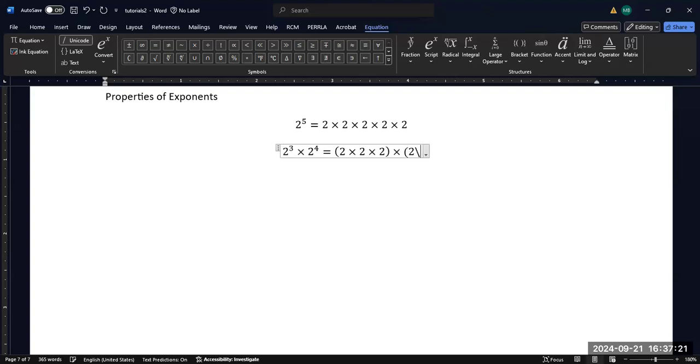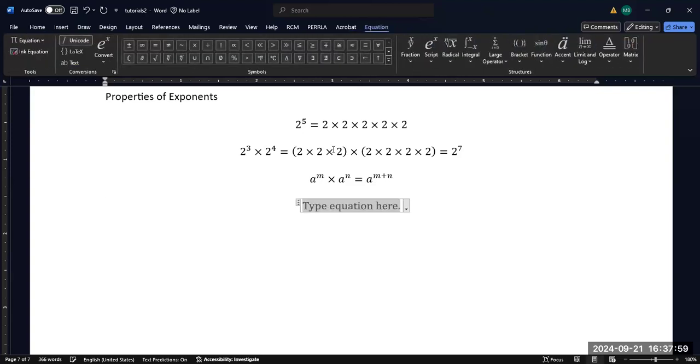And then 2 to the 4th is 2 times 2 times 2 times 2. So there's altogether 7 2's. So the general property is that if I have some base a to the m times the same base a to the n, a different number, then the result is going to be a to the m plus n.